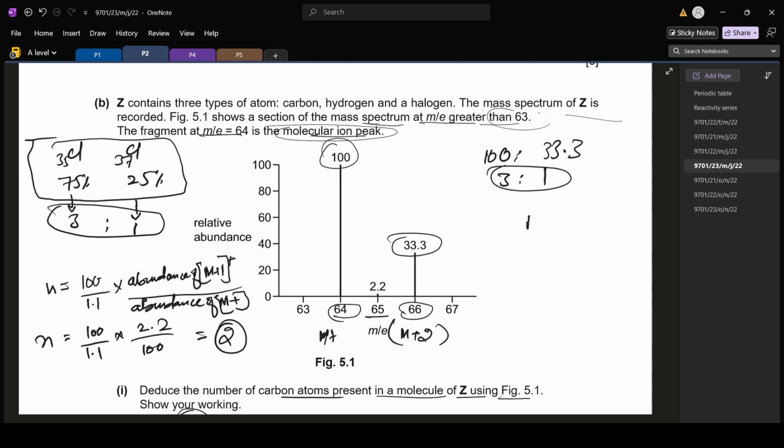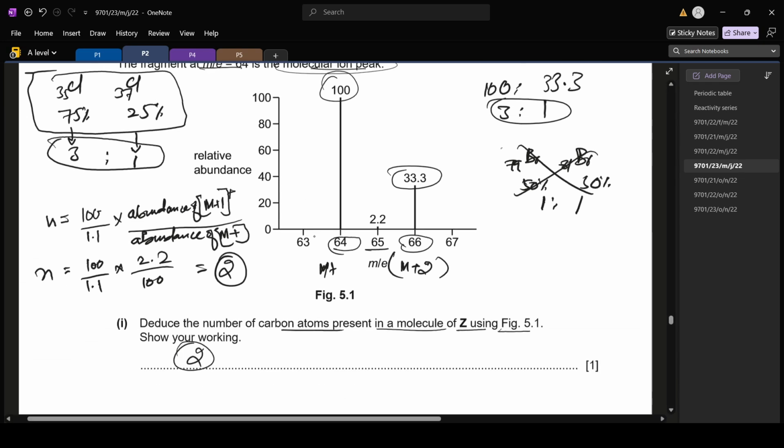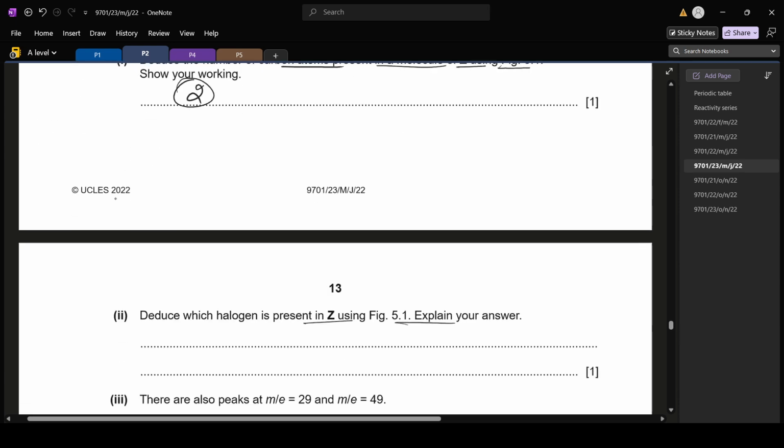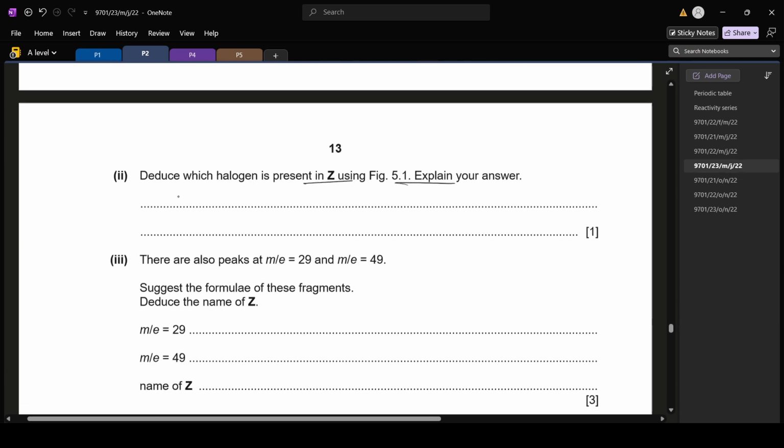If it were bromine, bromine has 79 and 81 isotopes in almost the same abundance, 50%, so it would have a 1 to 1 ratio. So this can't be bromine. This is chlorine. You have to remember these abundances of chlorine. So which halogen is present? This is chlorine.